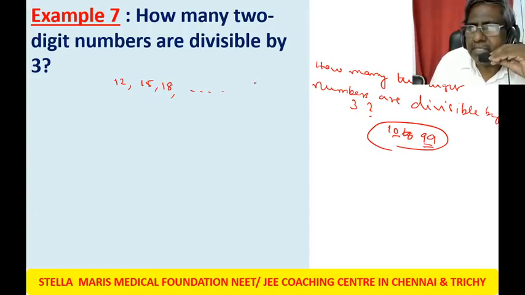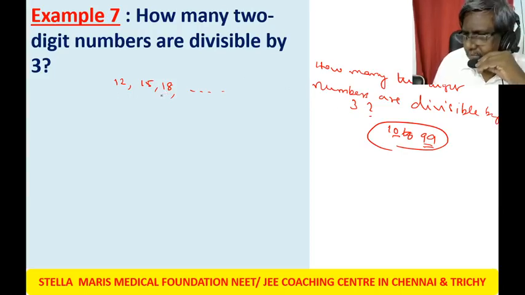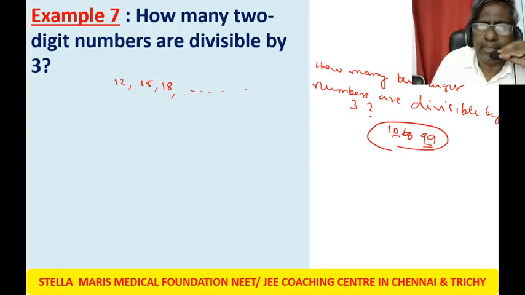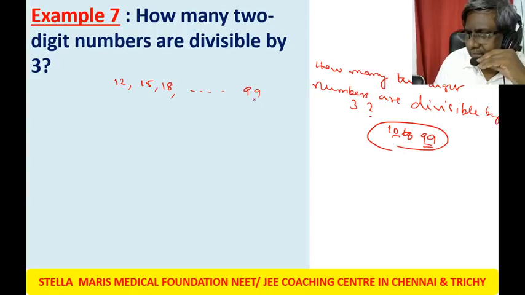See, 10 divided by 3 gives a remainder of 1, so it is not divisible. Likewise, it goes on till 99. If you divide 99 by 3, it will be 33.